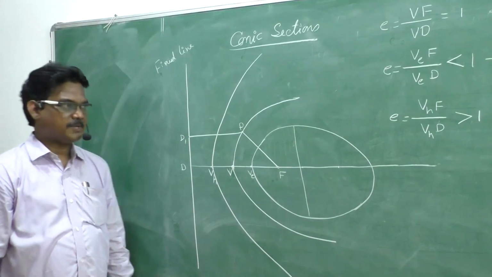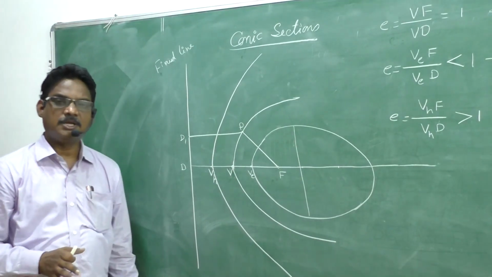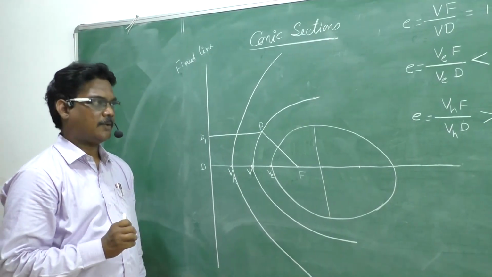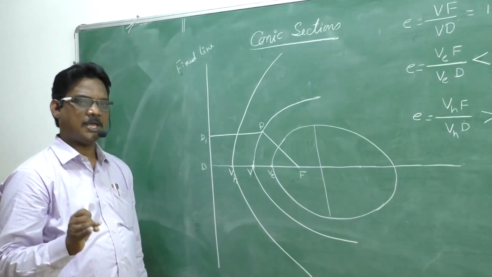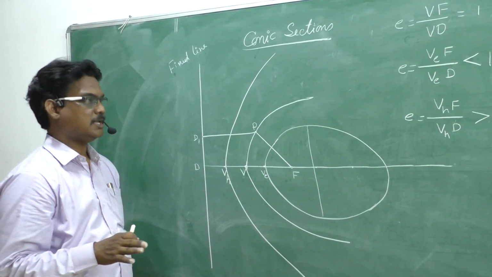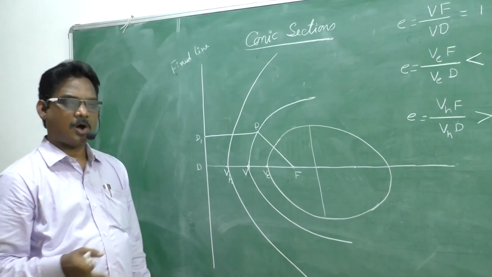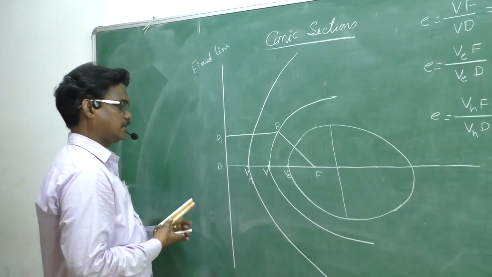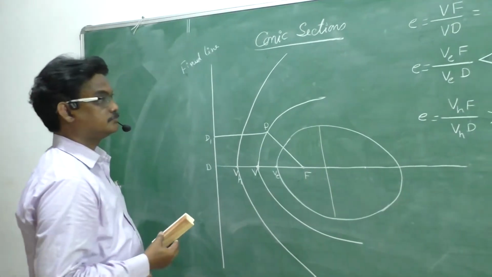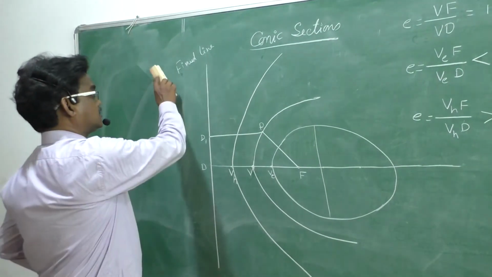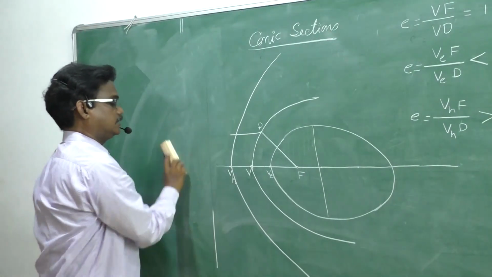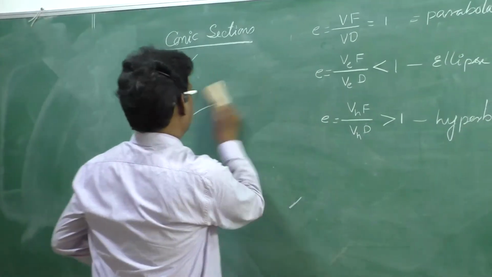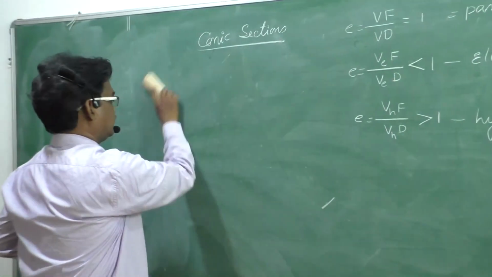Now, based on this property, we will develop a general method to draw parabola, hyperbola and ellipse. This general method is also called the eccentricity method. Now we will see how we can use this eccentricity to draw the respective parabola, ellipse and hyperbola.